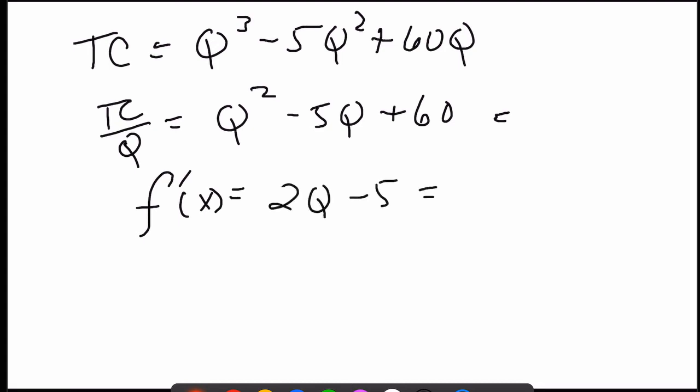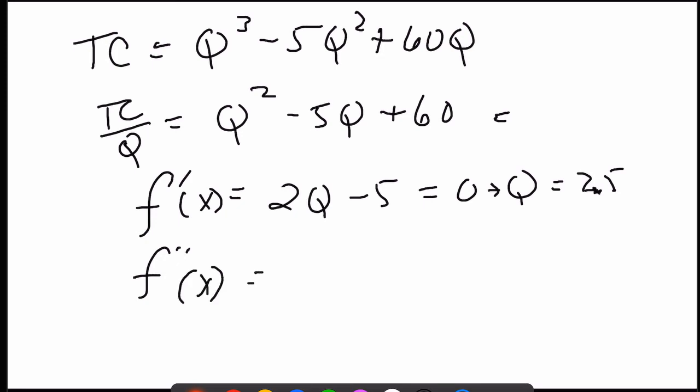I'm going to set that equal to 0, and that would say q would be 2.5. And then I would take the second derivative, and I would get plus 2, right? That's always greater than 0, so I have just minimized this baby.